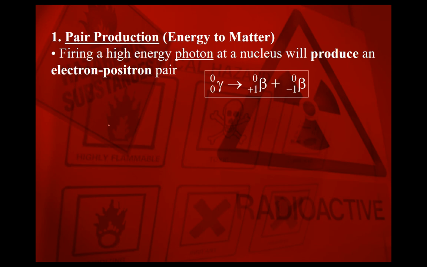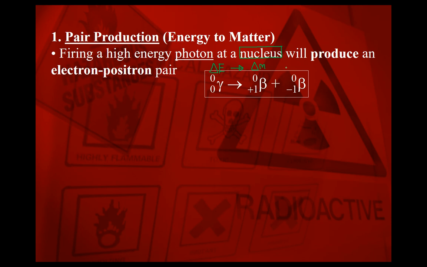The idea is I'm taking all of this photon energy, delta E, and converting it into mass. I'm getting mass out of this interaction. You do need to fire it at a target nucleus, because if you didn't fire it at anything, the photon would just keep doing whatever it's doing. But by firing at a nucleus, perhaps we can initiate some kind of nuclear reaction.